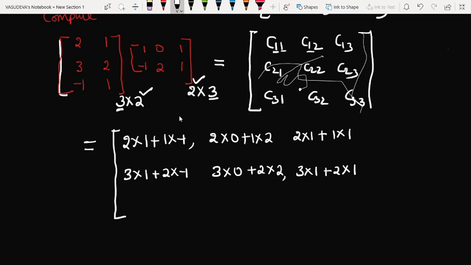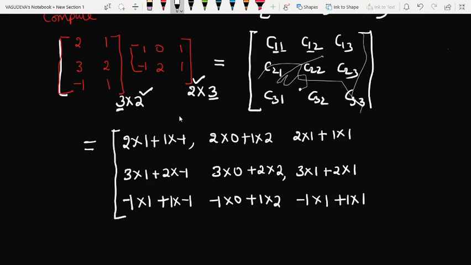Now coming to the third row: minus 1 into 1, third row and first column, plus 1 into minus 1, then minus 1 into 0 plus 1 into 2, and minus 1 into 1 plus 1 into 1.